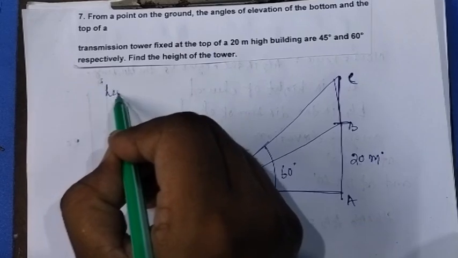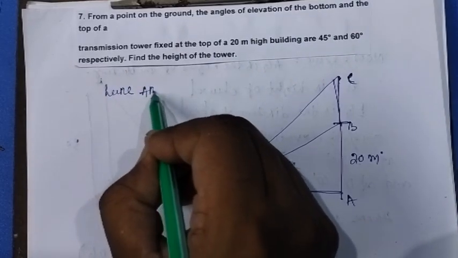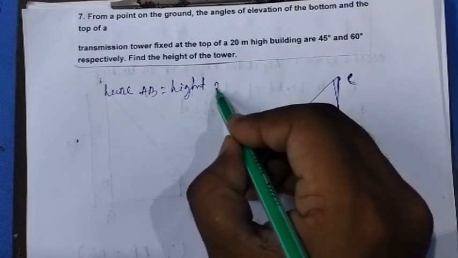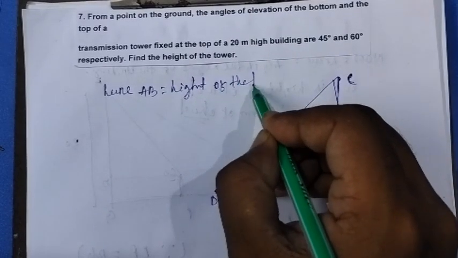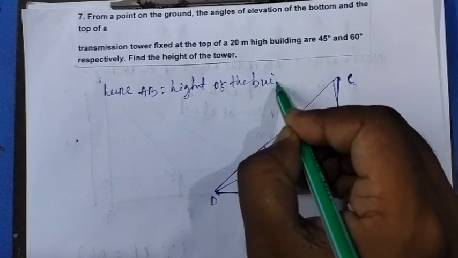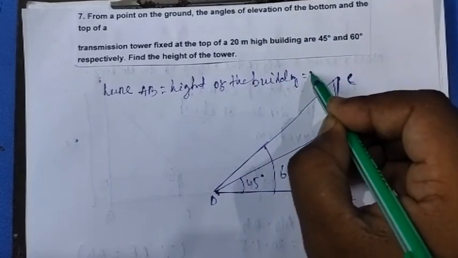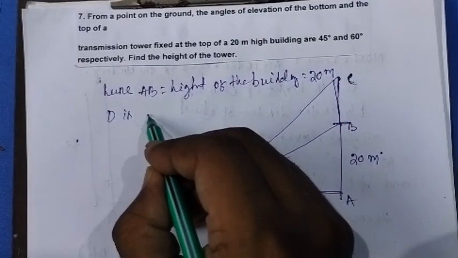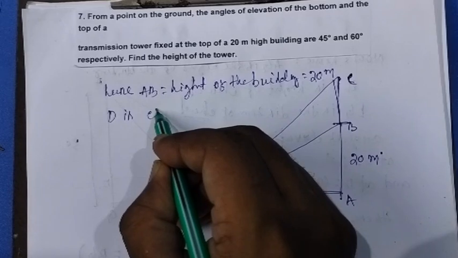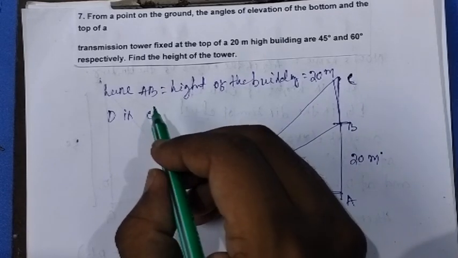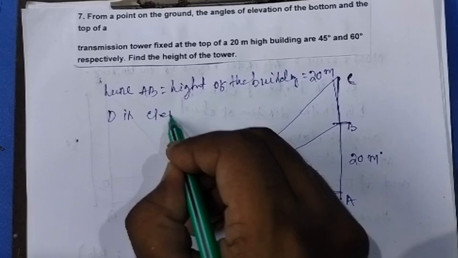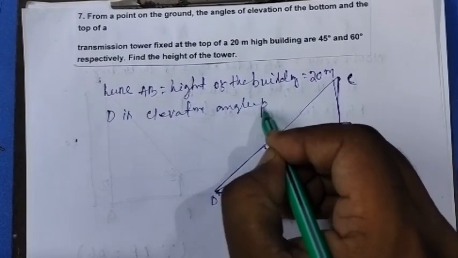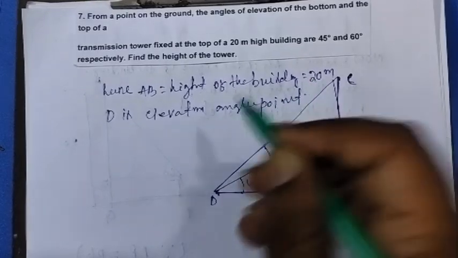Here AB is equal to height of the building, that is 20 meter. D is the elevation angle point.